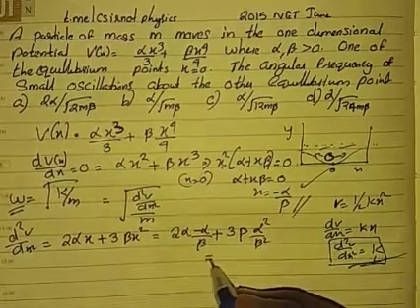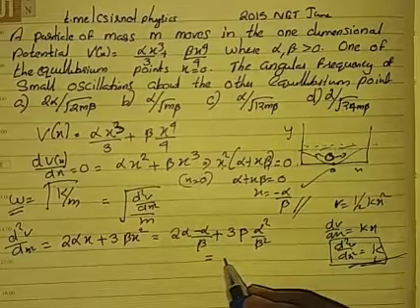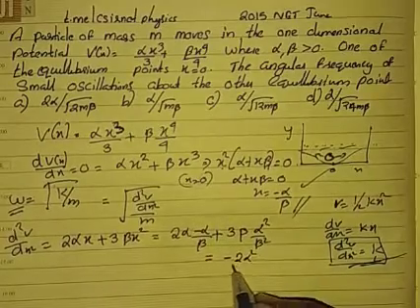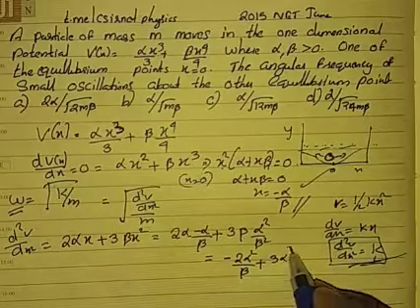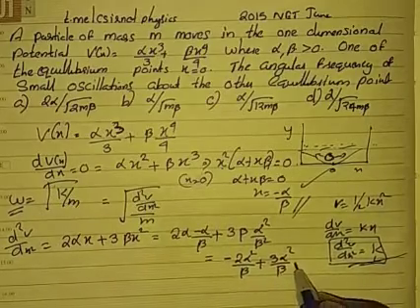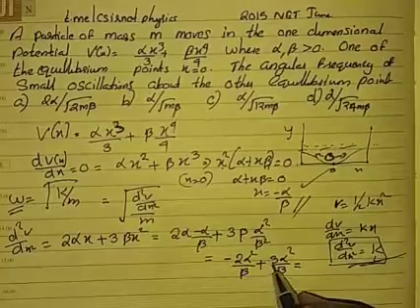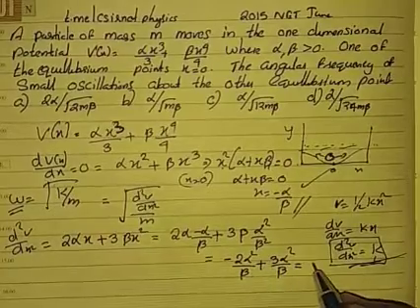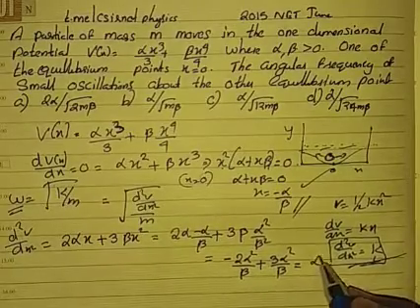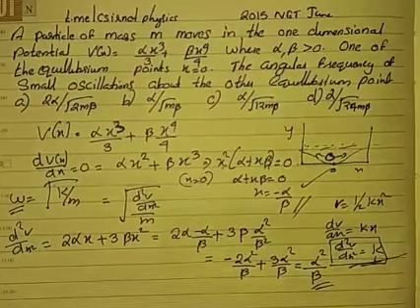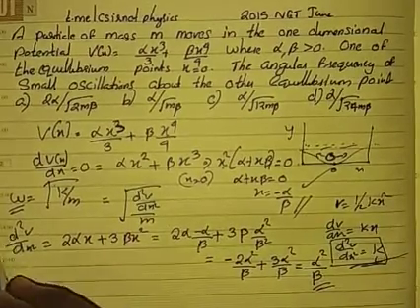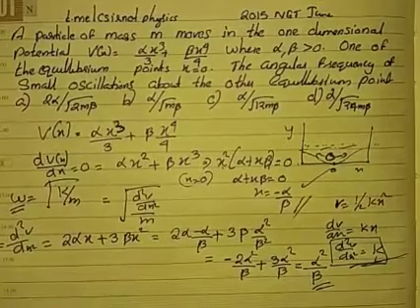This gives minus 2 alpha square by beta plus 3 alpha square by beta, which is effectively 3 minus 2, equal to 1, so alpha square by beta.